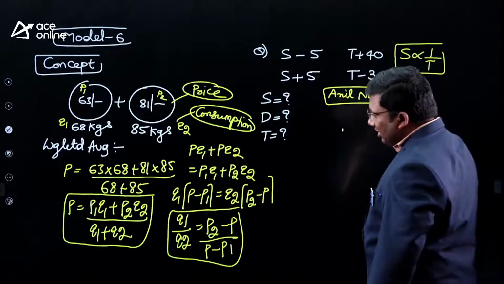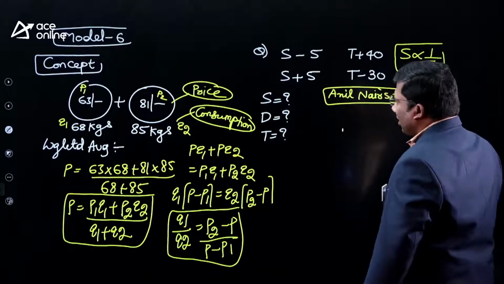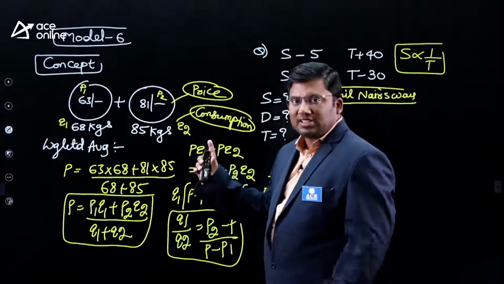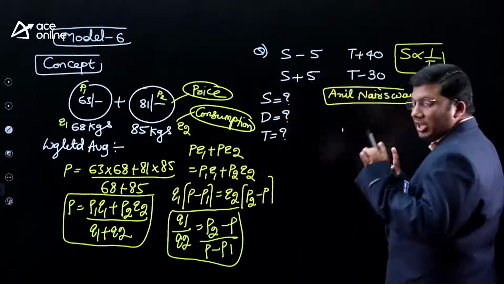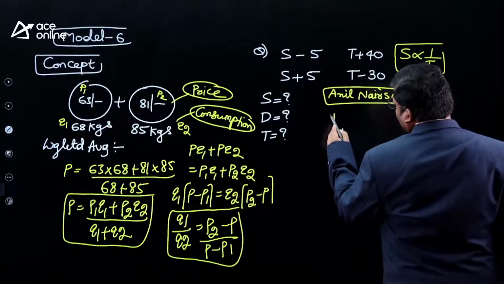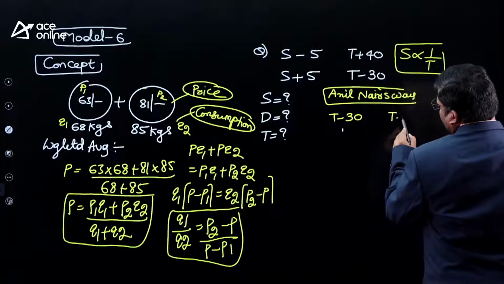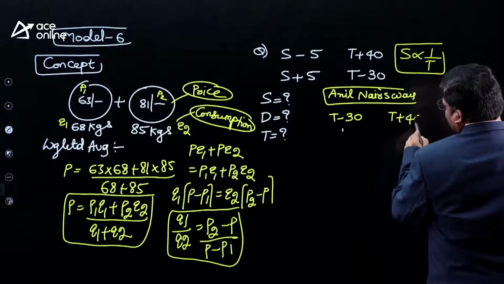Listen carefully. Q1 by Q2 is equivalent to P2 minus P by P minus P1, where P1 and P2 are the prices. No equations, nothing. What is the lowest value in time period? T minus 30. Highest value, T plus 40.